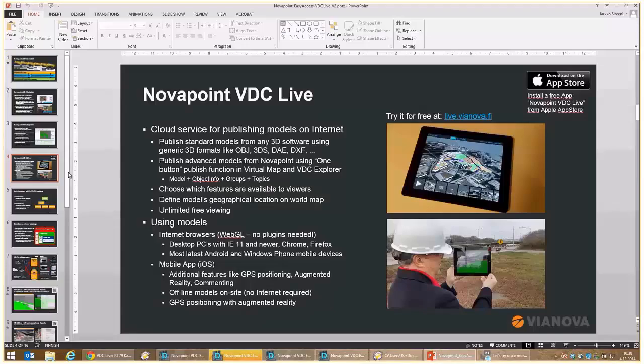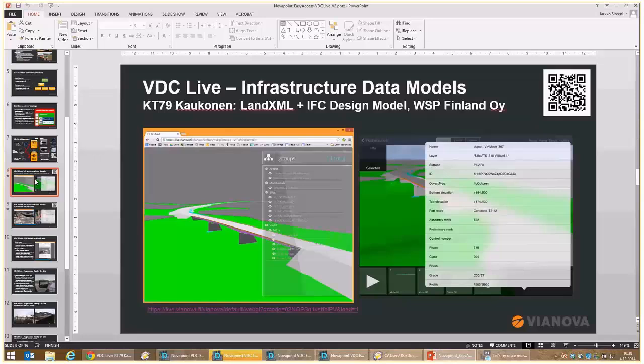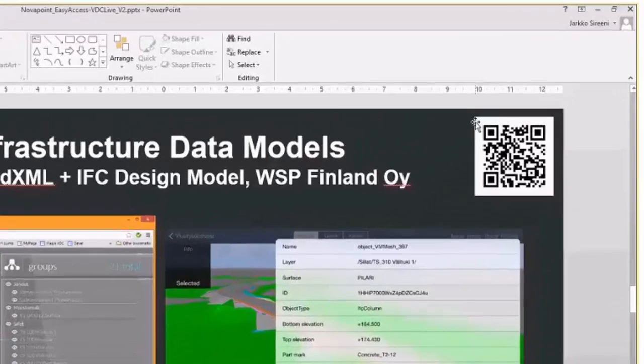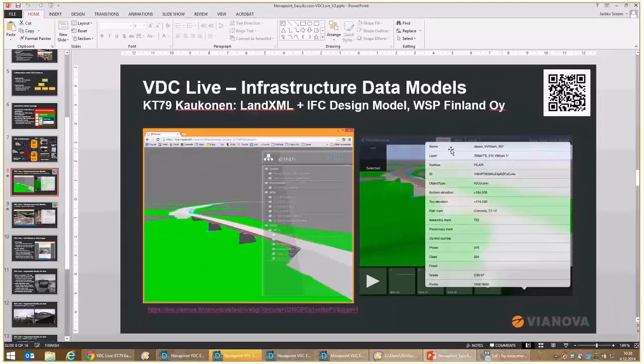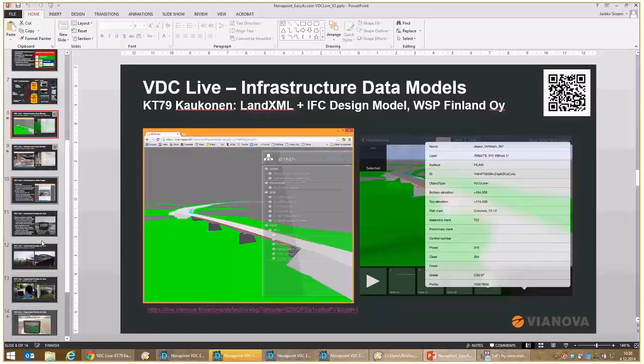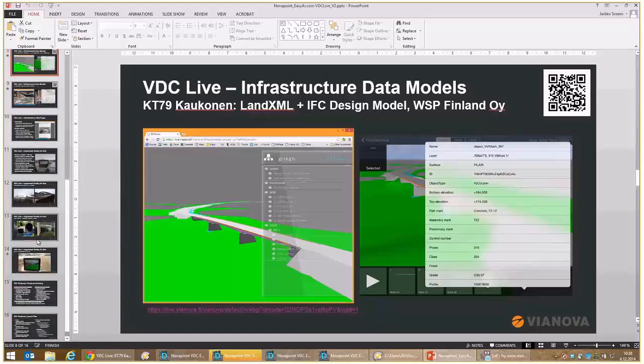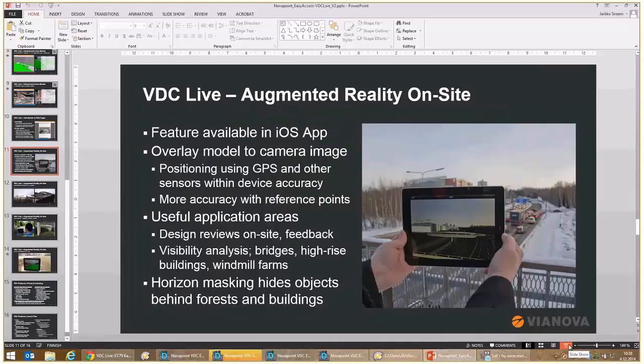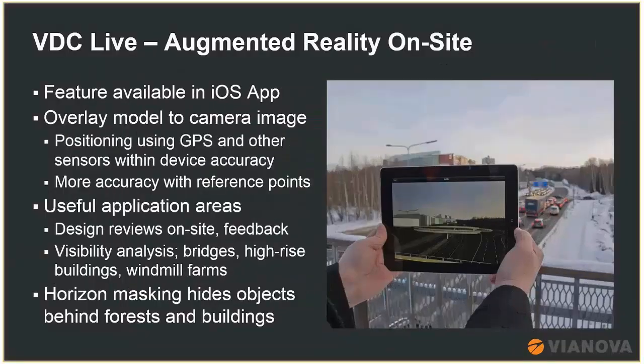So the server automatically generates this kind of QR code for the model. If you download the Apple iPad application, you just scan this QR code, and then you get the model on the device.